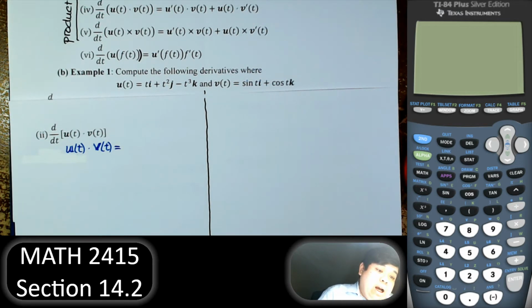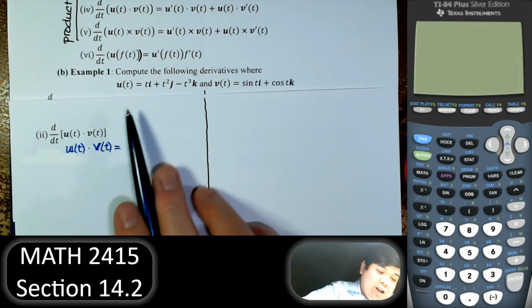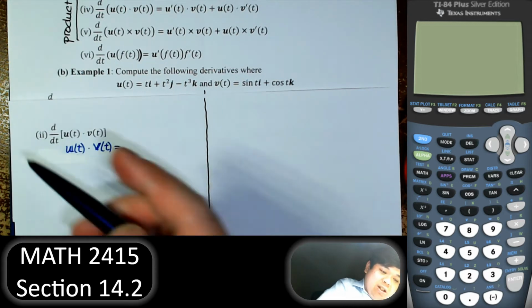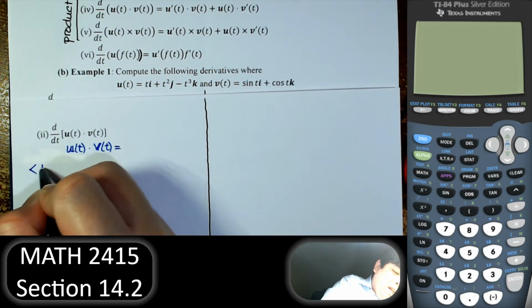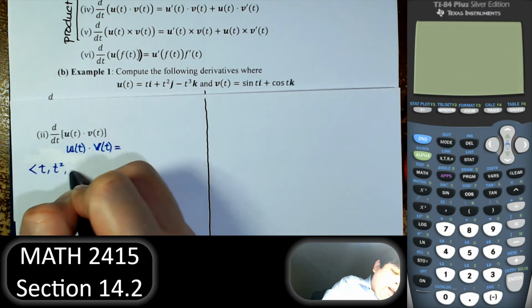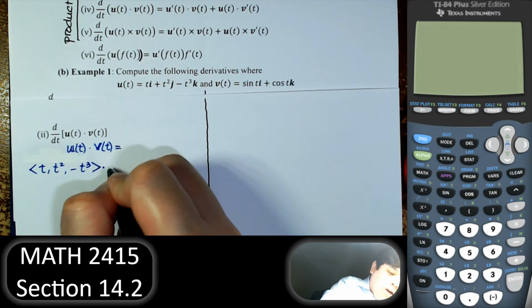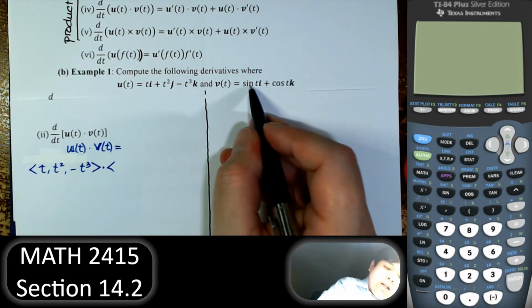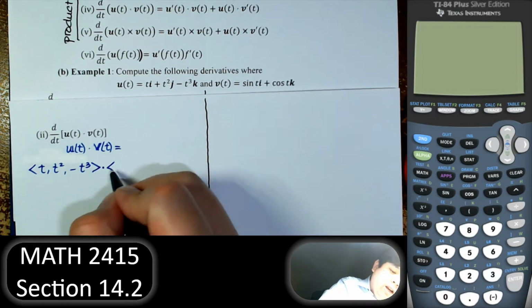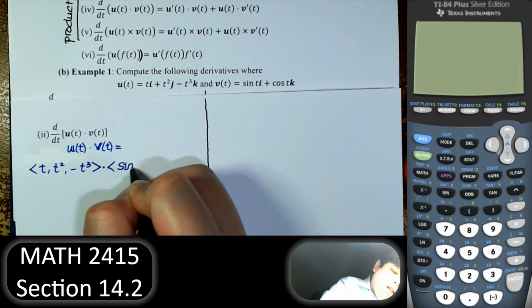Well, it's not going to be friendly. Right. So the dot product: t squared and negative t cubed. Do the dot product with sine of t for i. So the first component is sine t.